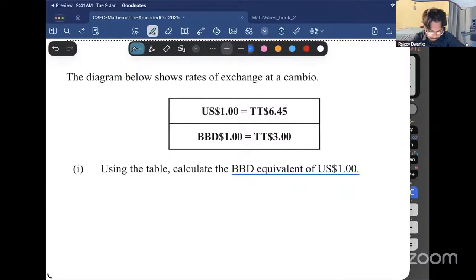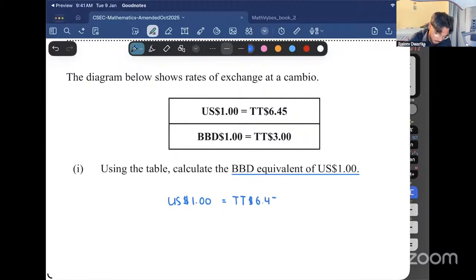You have to find the BBD equivalent to 1 USD, US dollar. Right? So, what should I start off with? What's the information? US $1 is $6.45 in TT.